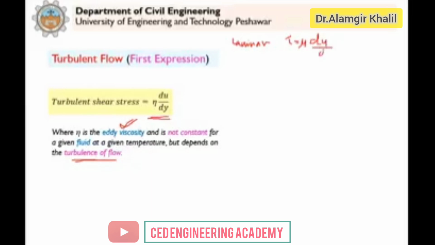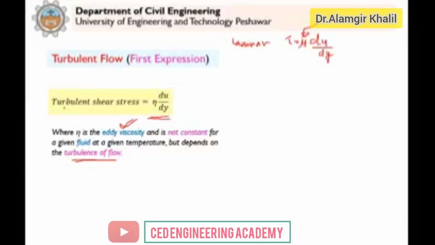In this case, mu is a fluid property, and it is constant for a fluid flow at a given temperature. And we can read this value from the tables available in books for different temperatures.